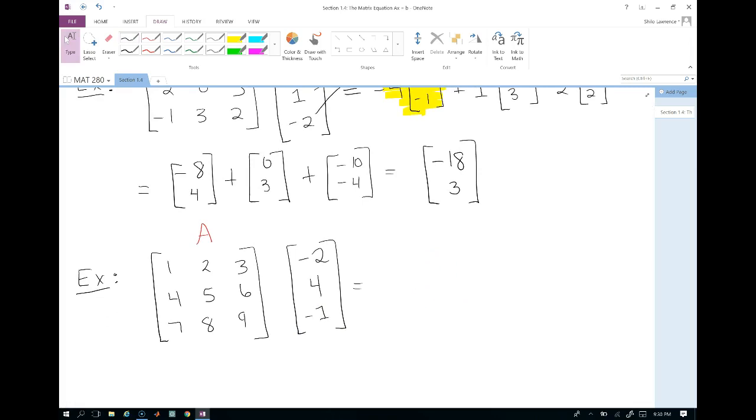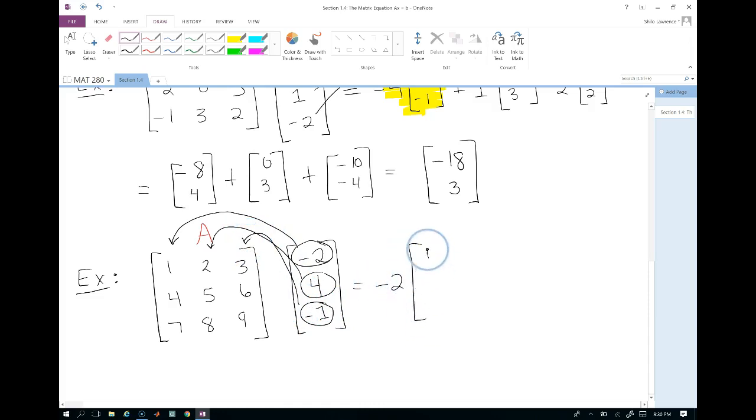So the way that we said this is going to play out is these values are weights for each of these columns. So we've got -2 times 1, 4, 7, and then 4 times 2, 5, 8, and then -1 times 3, 6, 9.